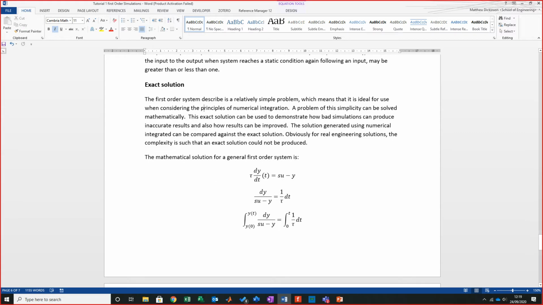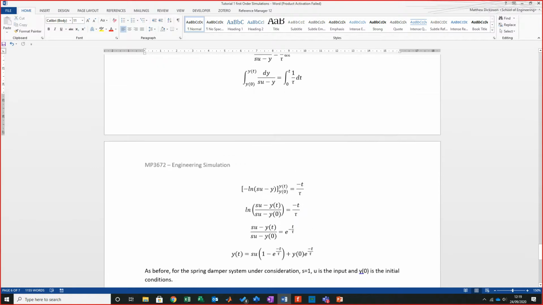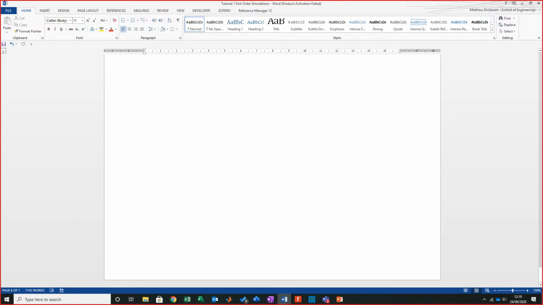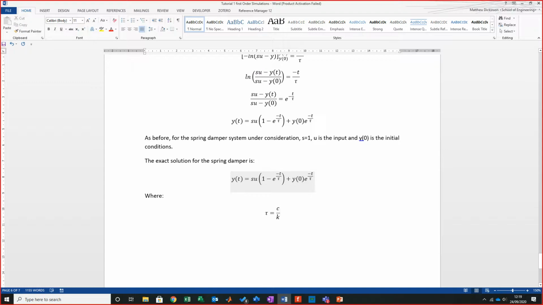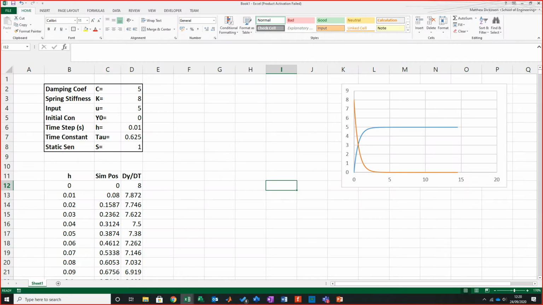So the exact solution, what this will do is it will present you with, where is it? There it is. So this exact solution will present you with a solution which looks like, in true Blue Peter fashion, I do have one I made earlier.